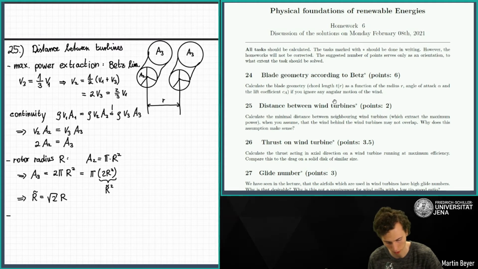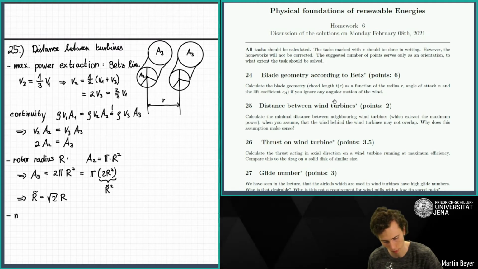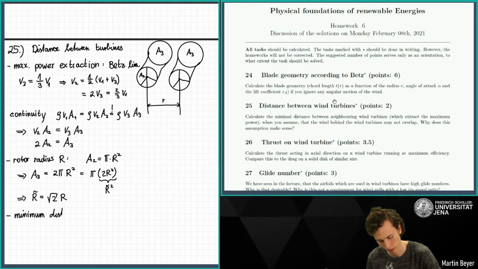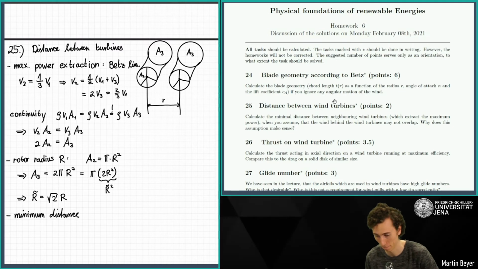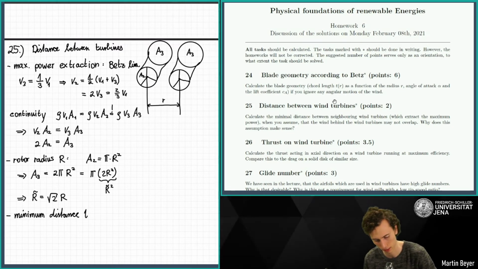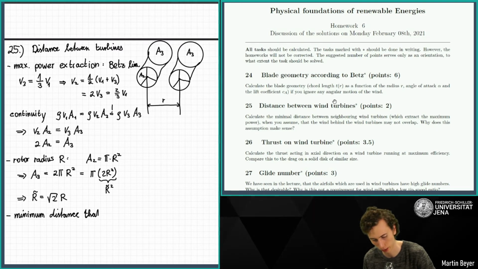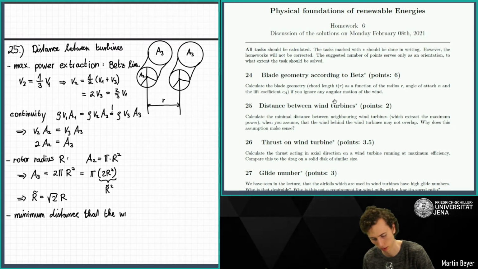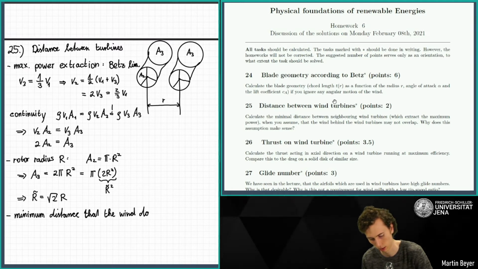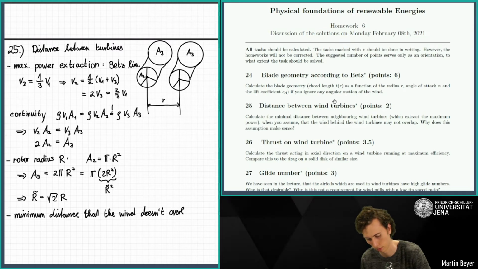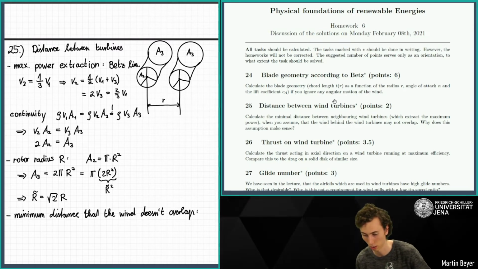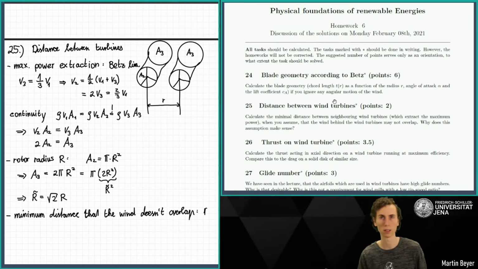So maybe just make a quick note here: minimum distance that the wind doesn't overlap. And this minimum distance we call small r, as indicated already in the figure.